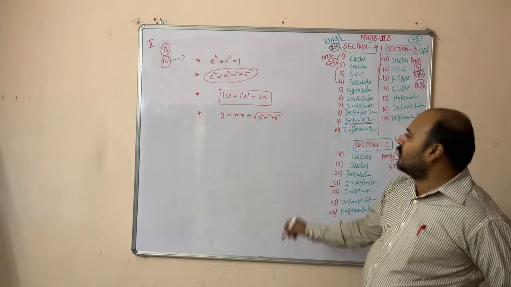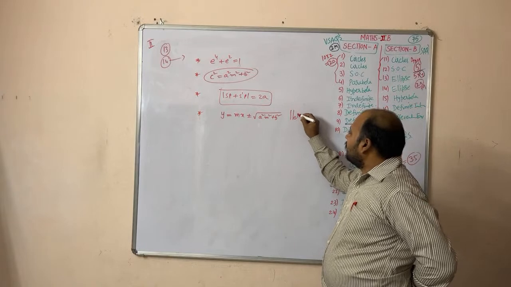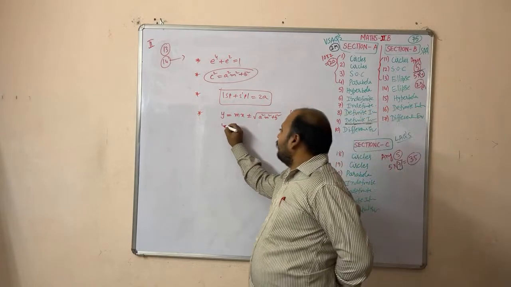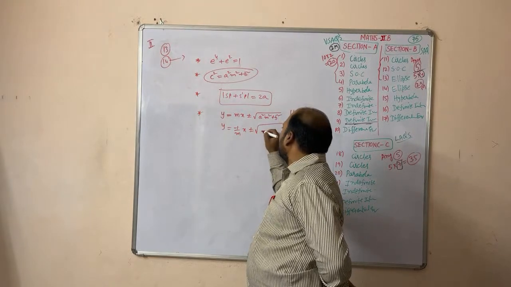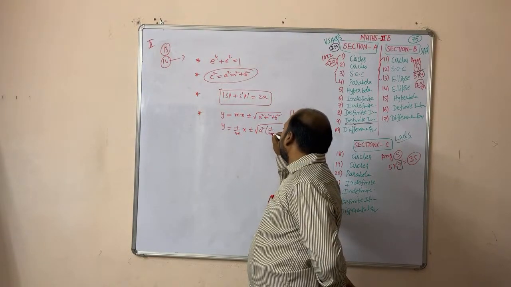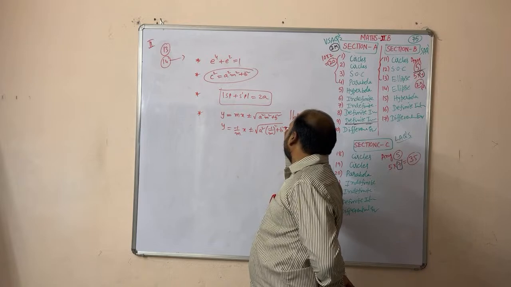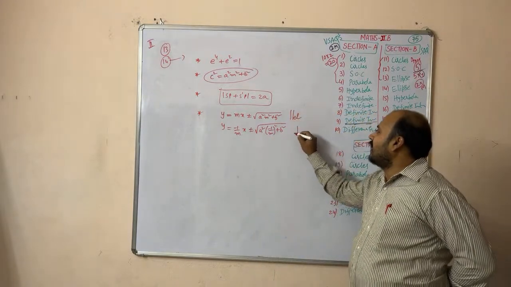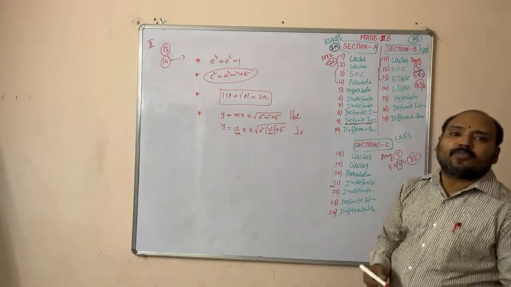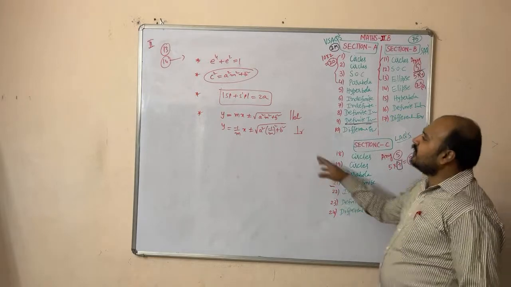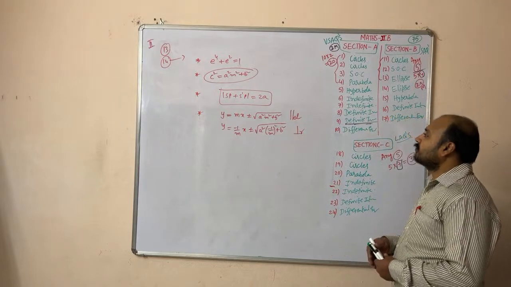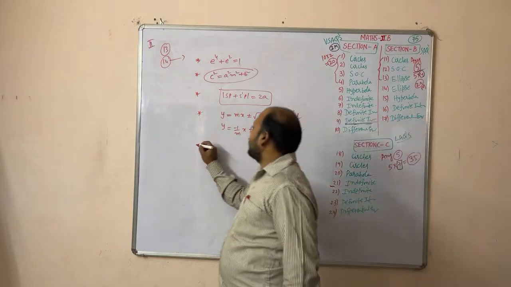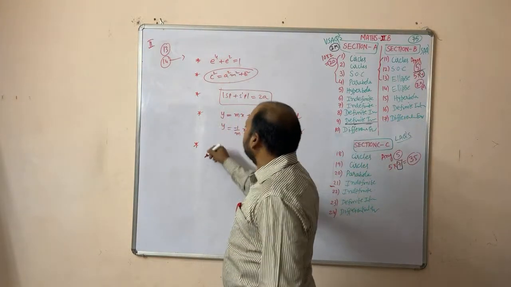Very important formula. Parallel means this one. Perpendicular: y equal to minus 1 by m into x plus or minus root of a square into minus 1 by m whole square plus b square. This is the perpendicular case. This is the way they are asking, dear students. Please remember. And here is one standard question. These are all standard questions.